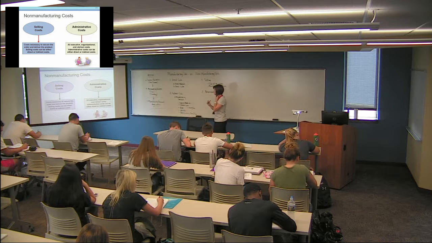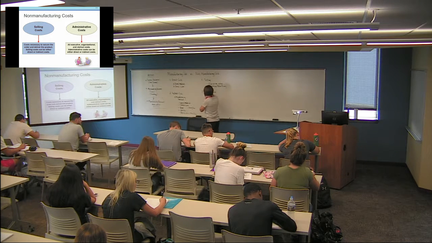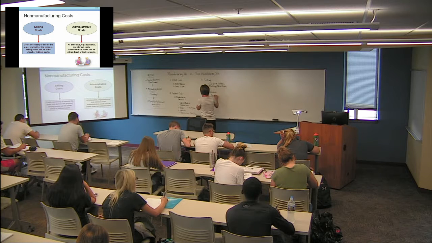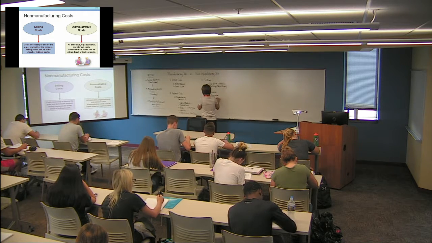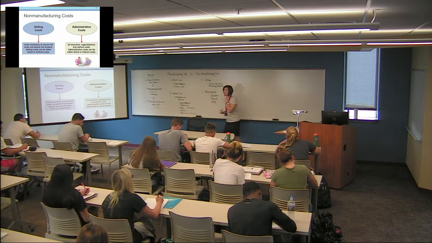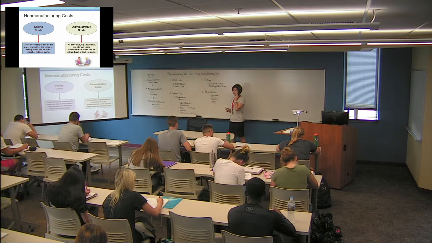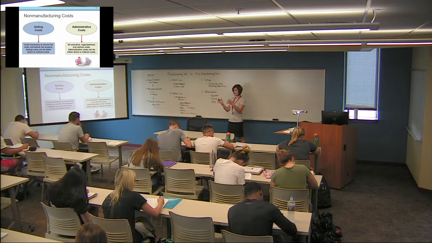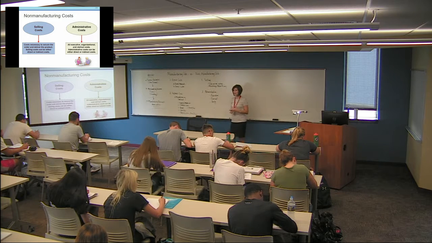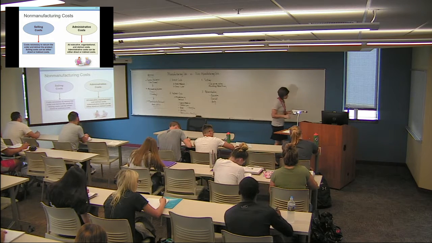Administrative costs, some examples: executive, clerical, accounting would be in here. So if we're talking about expenses associated with the accounting department, those would be an administrative cost, all right? So again, we're looking at a list of things, and we have to plug them into their correct categories.